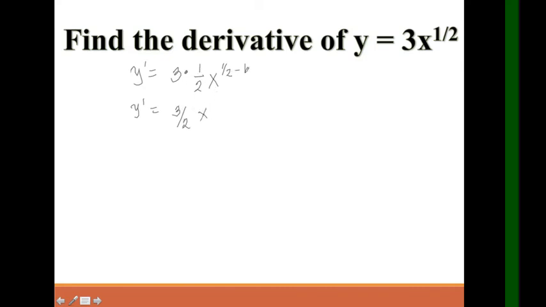X raised to 1 half minus 1 is negative 1 half. Since it is negative 1 half, gagawin natin siyang denominator kasi negative siya, no? So, kailangan malipat siya. So, we have the derivative of y equals 3 over 2. And then, sa baba, mayroong x raised to 1 half.